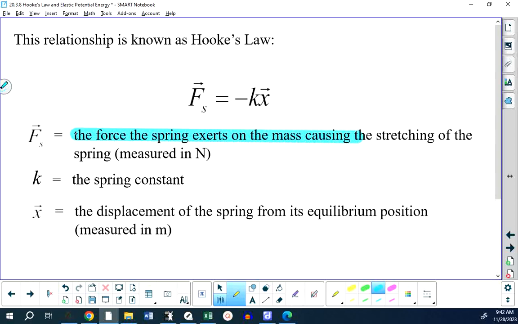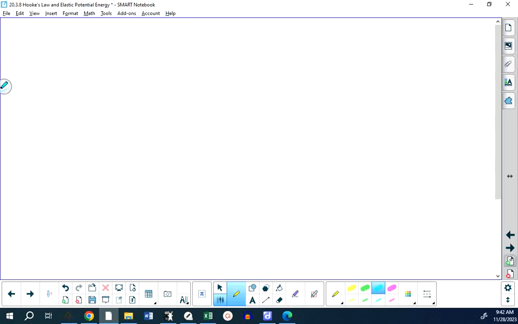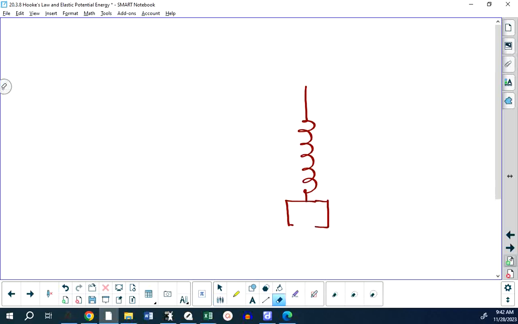So let me draw this. We've got our spring, and on the end of the spring we have a mass, and there's a force of gravity acting down on the mass. And you know what? Forget about the red marker.